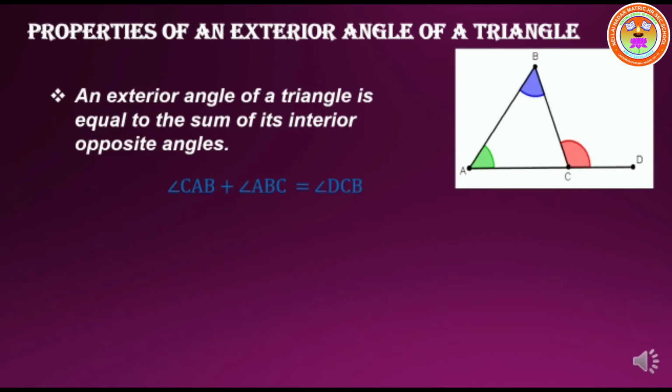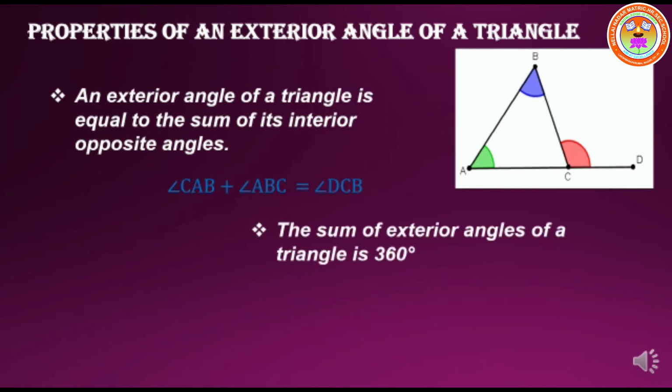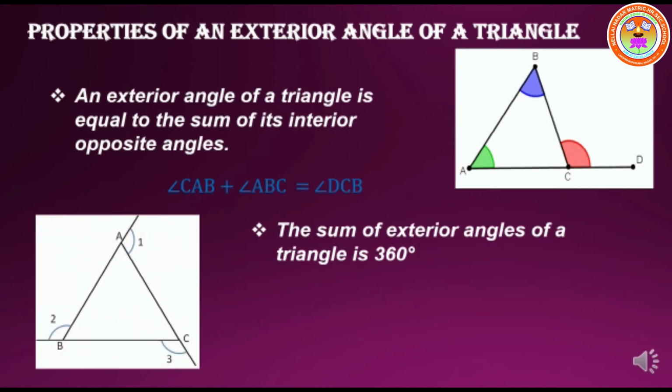Now, the sum of exterior angles of a triangle is 360 degrees. Let us consider the triangle ABC and let us extend the lines such that exterior angles are formed.